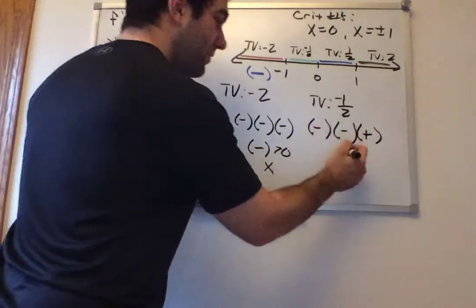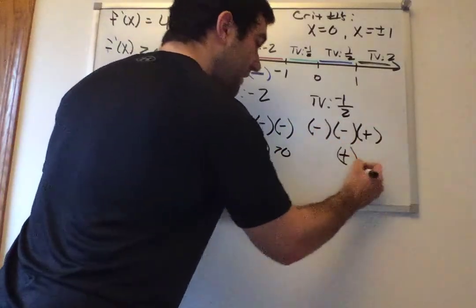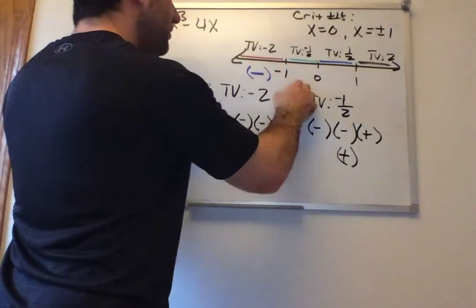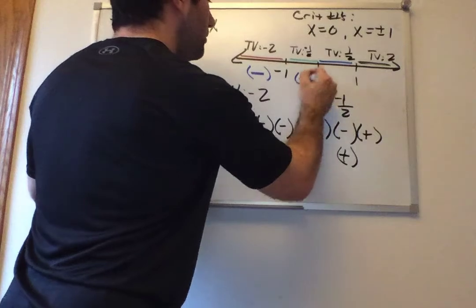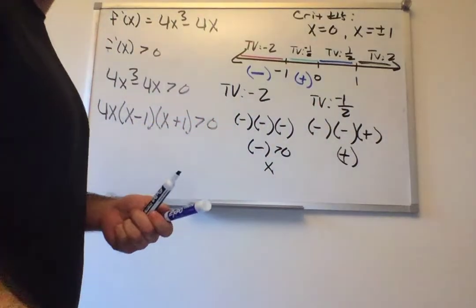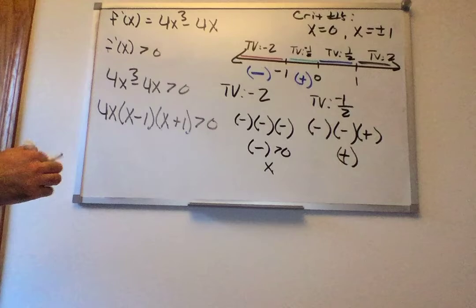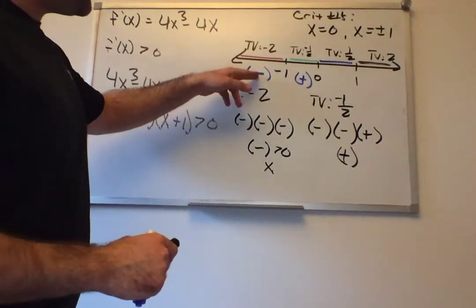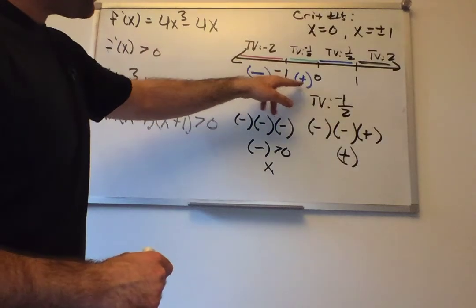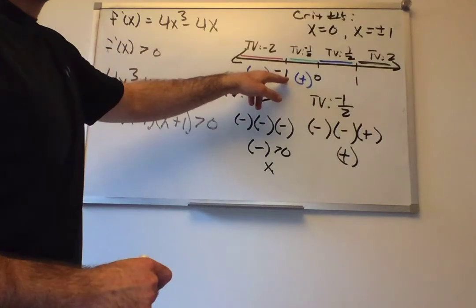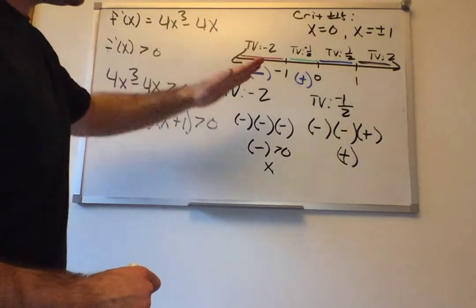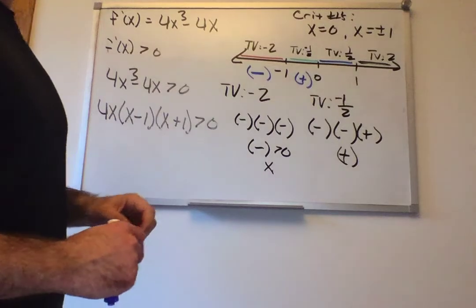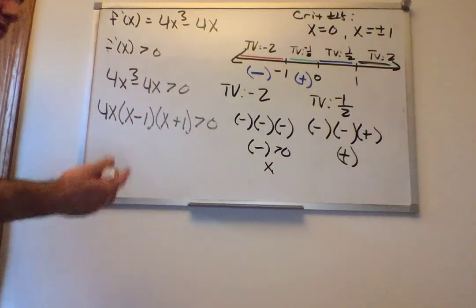Negative times a negative times a positive is a positive number. So right here, on this interval, the derivative is positive. So now, since it goes from negative to positive at C, we're having negative slope to a positive slope. We know that at -1, we have a local minimum. Okay, we'll write all the results at the end.